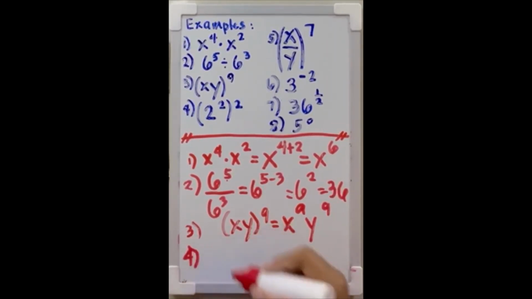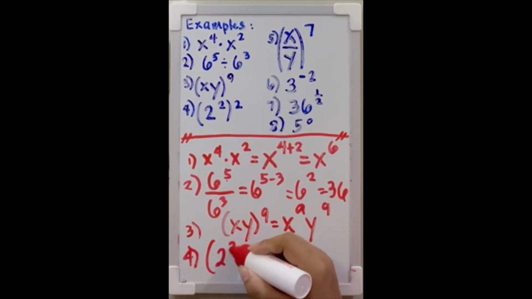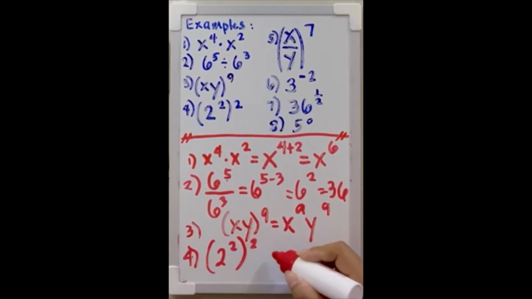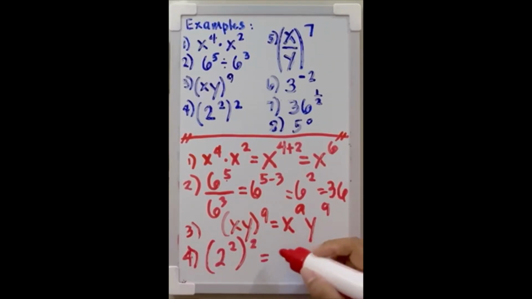And number 4, this is the power rule. So we have the quantity 2 squared raised to 2. What we're going to do here is multiply the exponents 2 and 2. So rewriting, we have 2 raised to the power of 2 times 2. This is 2 raised to 4.